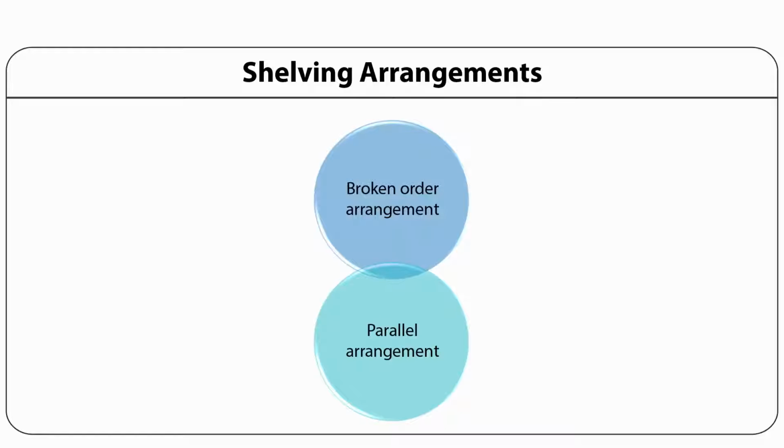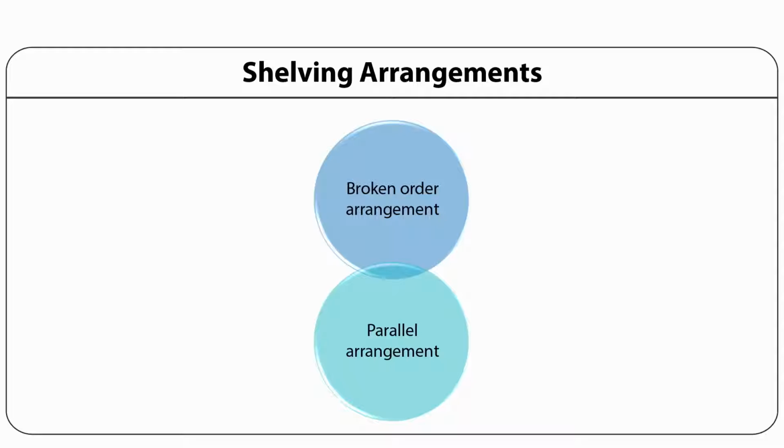In broken order arrangement, library deviates from shelving the entire collection according to class number. For example, in public library, the fiction books though have class number but are arranged alphabetically by author's name and not by class number.